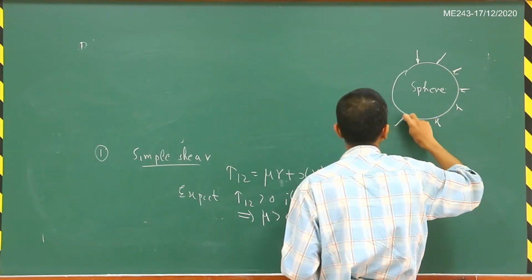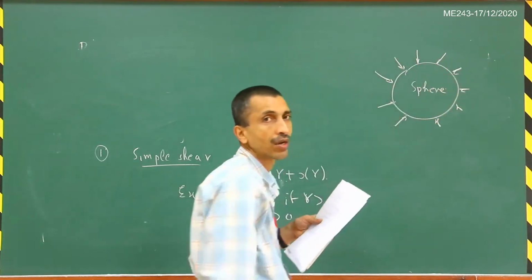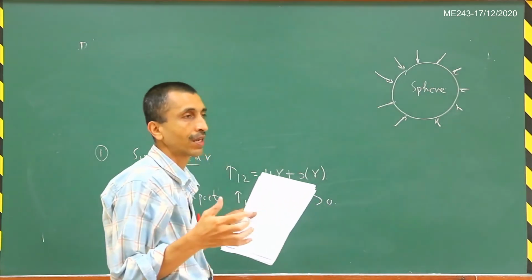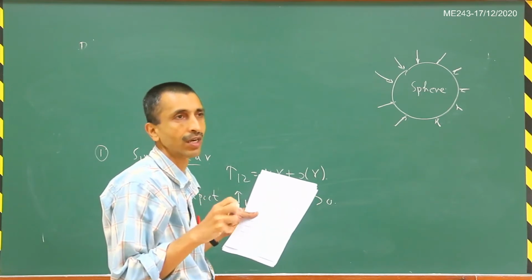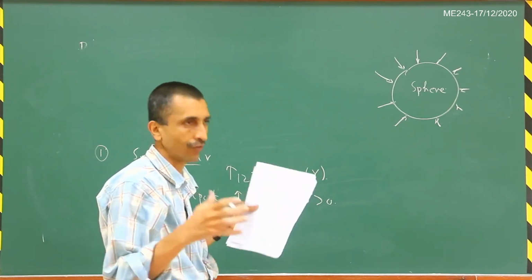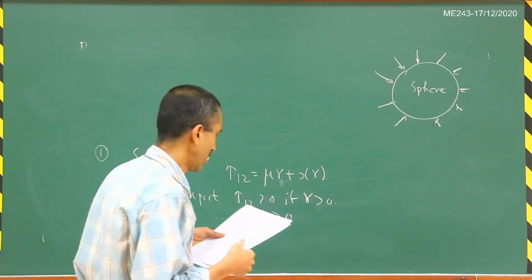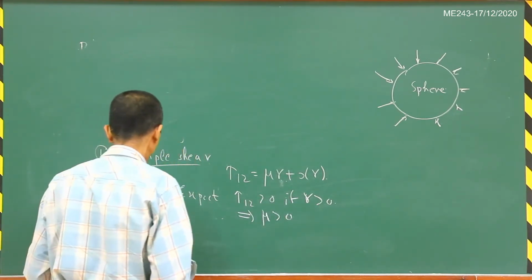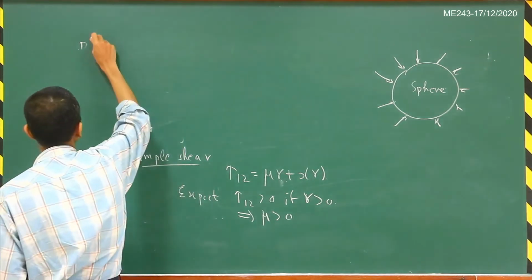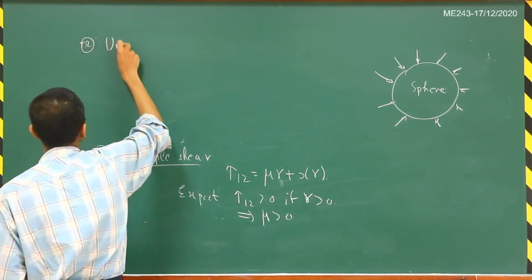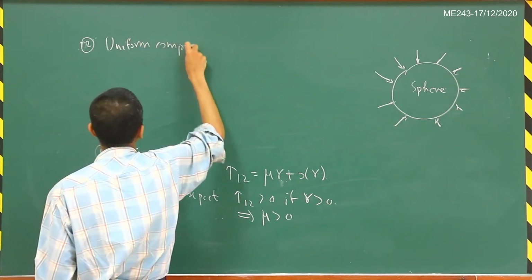Just apply a uniform pressure on the whole thing. In that case, you would expect that the sphere compresses, correct? The volume decreases if you apply pressure, right? So that is the intuitive idea that we have in that particular case. So this is the second thought experiment, uniform compression of a sphere.